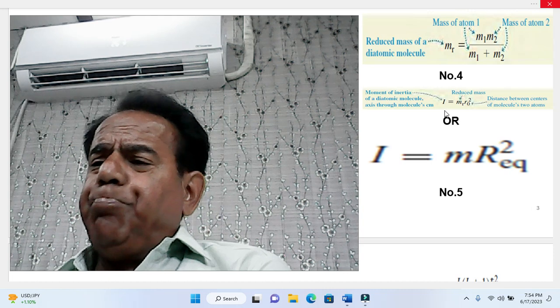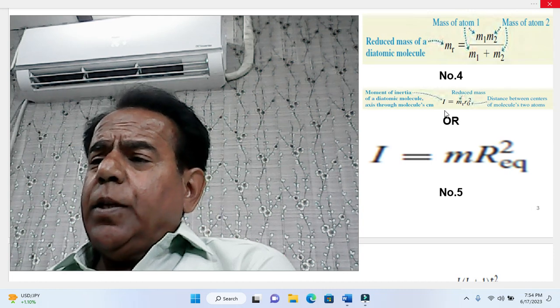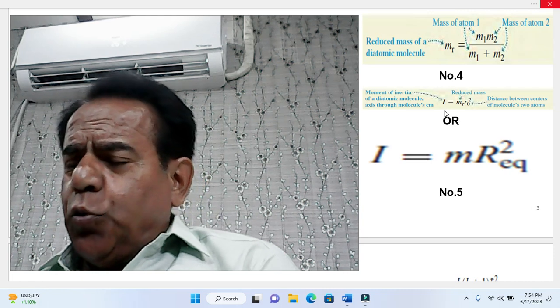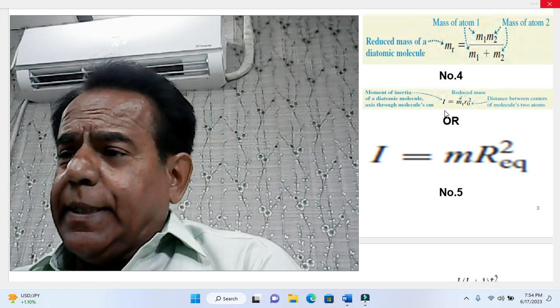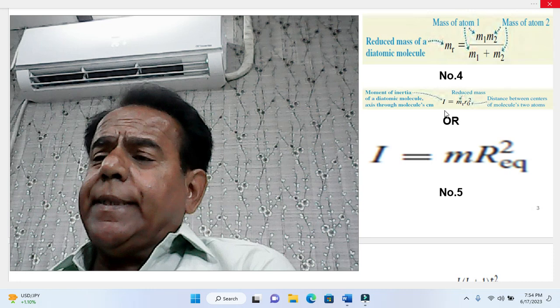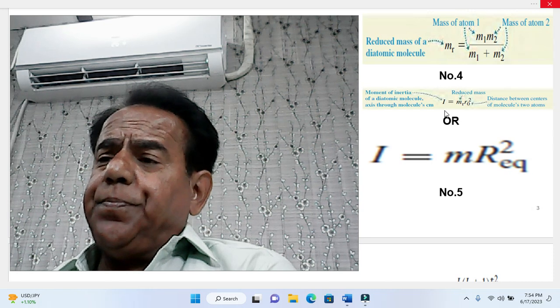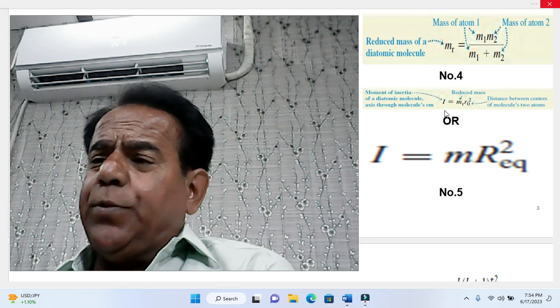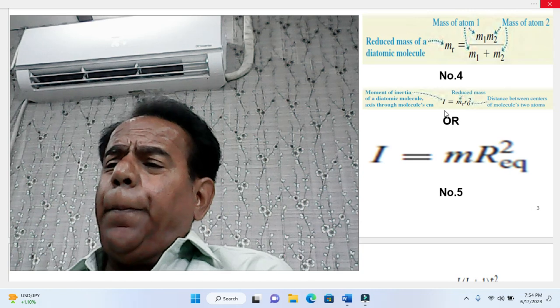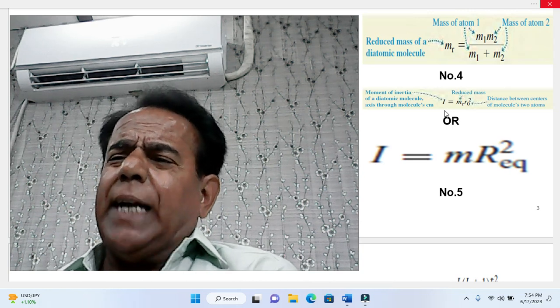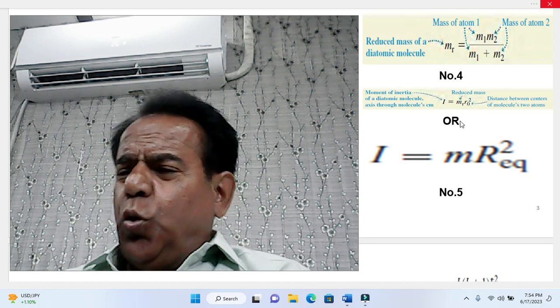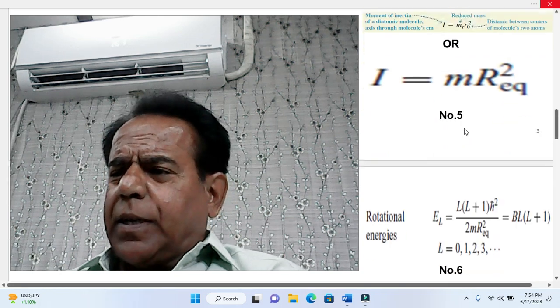So helping tool number 4 has been described in two alternate versions. Substantially there is no difference between these two versions, only the notation is slightly different. Okay, so both will work.